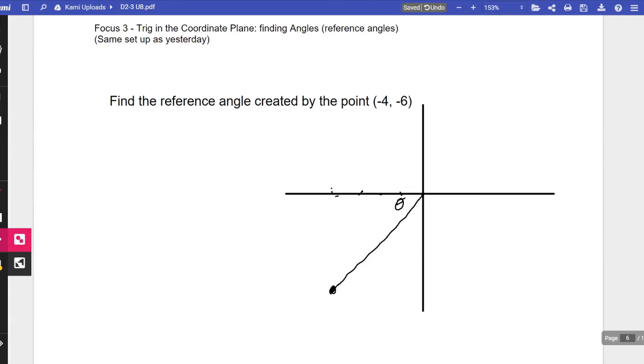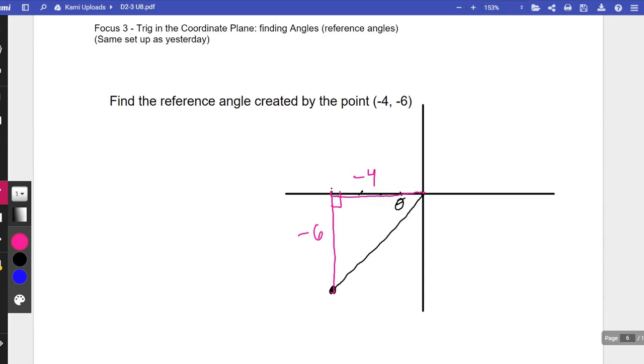Then you can draw the rest of the triangle, or you probably could have anyway. There's the x, that's the y, that's the right angle right there. This would be -4, this would be -6. Again, sides of a triangle would always have to be positive if it's a length, but I'm maintaining the negativity of these numbers to reference later on.